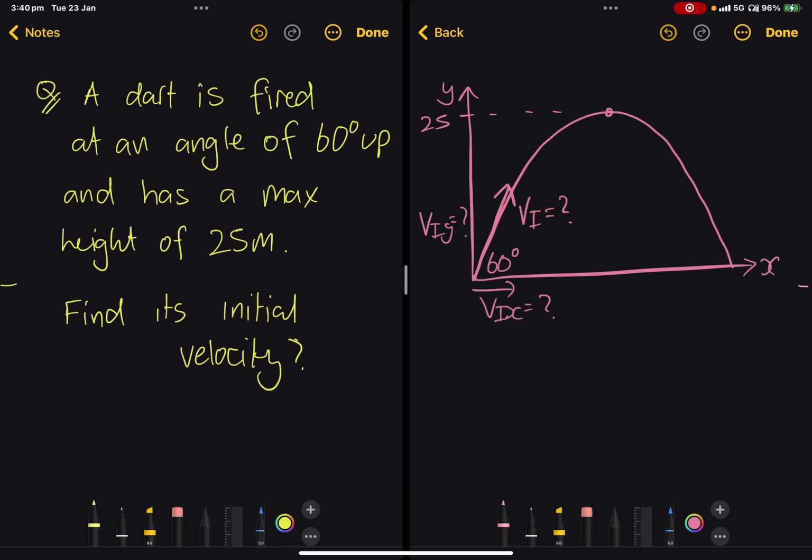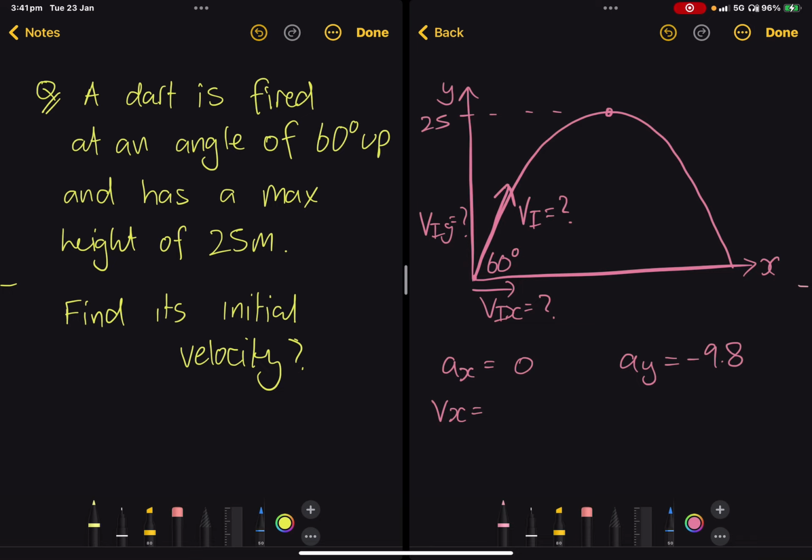So we want to think about our acceleration, velocity, and position equations. Acceleration in x, we know is always 0. Acceleration in y, we know is minus 9.8, which is just the acceleration from gravity. The velocity in x is just the initial velocity in x.